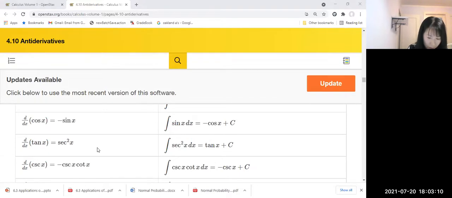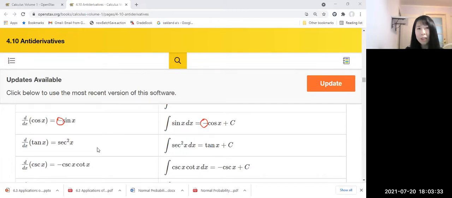So this one, right? We have the derivative of cosine x is the negative sin x, but we want the antiderivative of sin x, but there is no negative sin x. That's why we have a negative. The answer is negative cosine x. Can you see that? Okay.